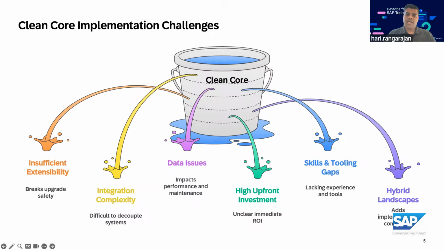geographies or units. There is also an aspect of non-functional requirements leading to these hybrid landscapes, right? So, for example, you could have enterprises which, for security and compliance, need to have certain elements or certain data objects on-prem.